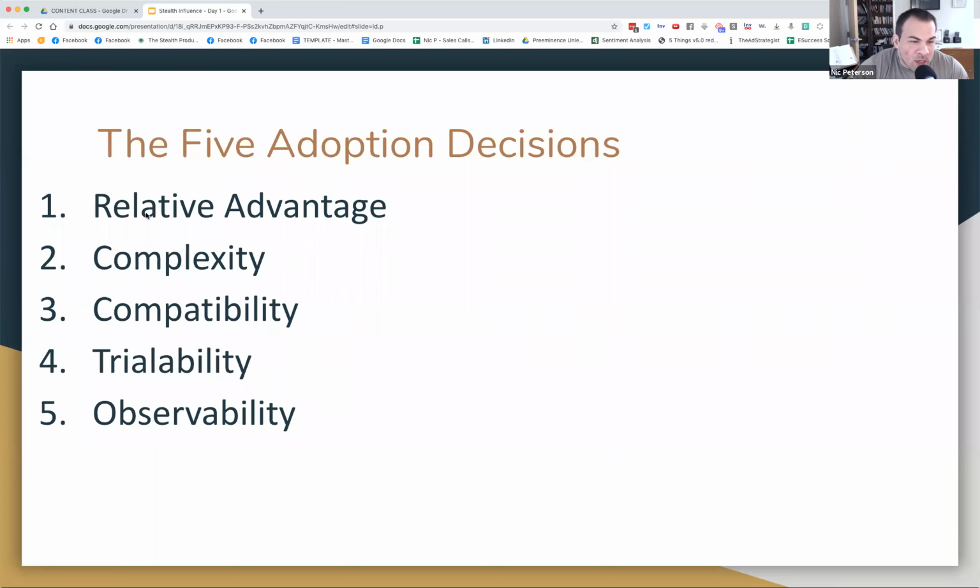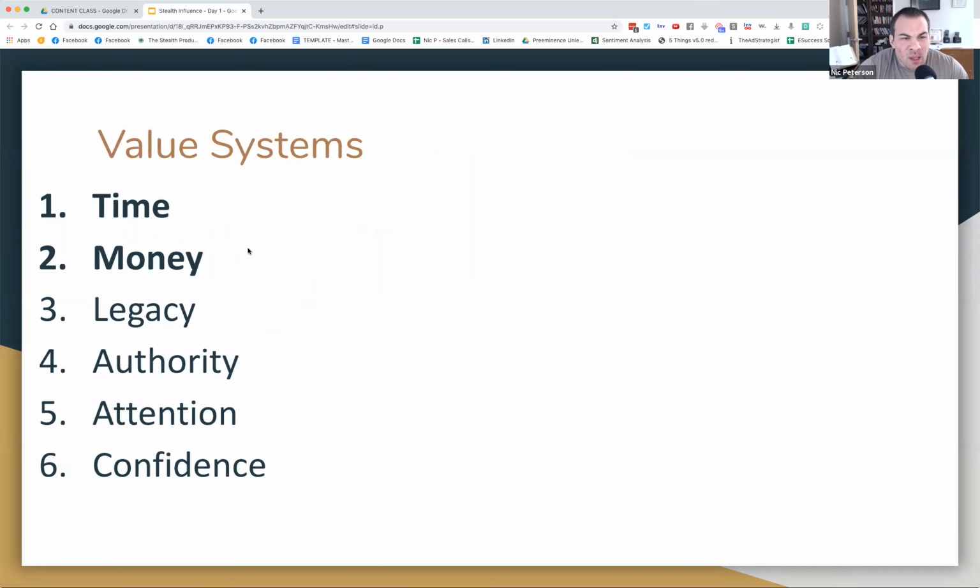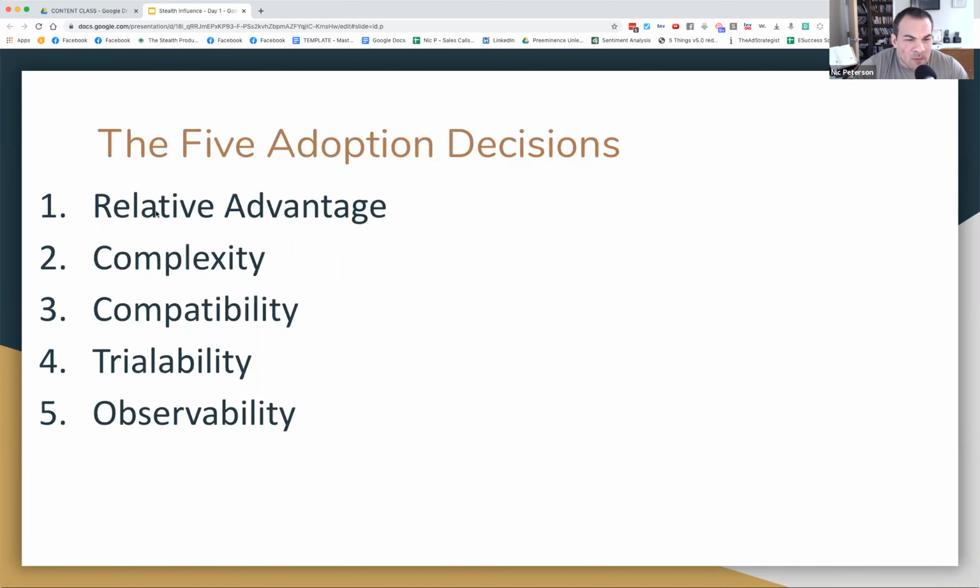I'm going to show you how to create content that systematically addresses all of these. Most of you have people on your list, in your audience, on your Instagram, on your Facebook that are ready to buy, and you've just been hammering one of these adoption decisions, right? Probably 2. You probably just go relative advantage and testimonials.